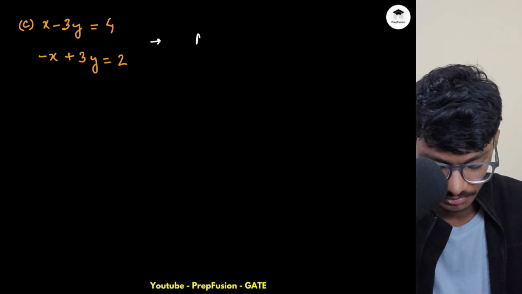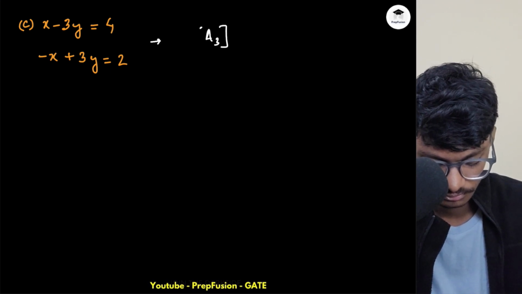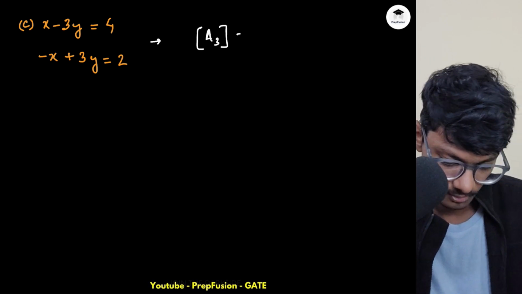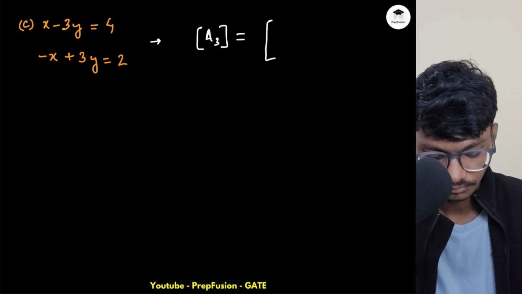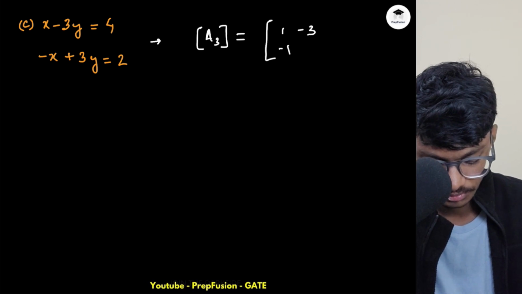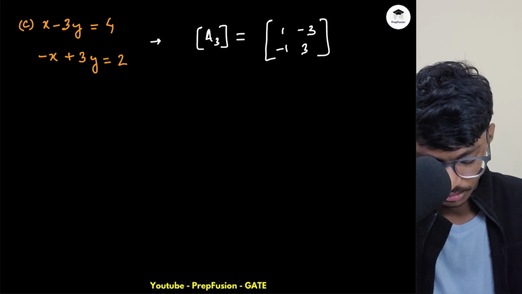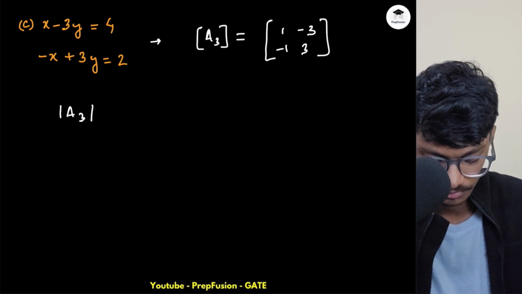Again, writing the coefficient matrix A3. It is [1 -3; -1 3]. So again, if we find the determinant, what will this be?